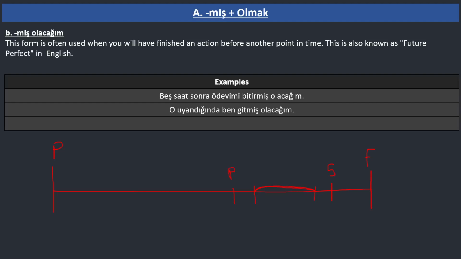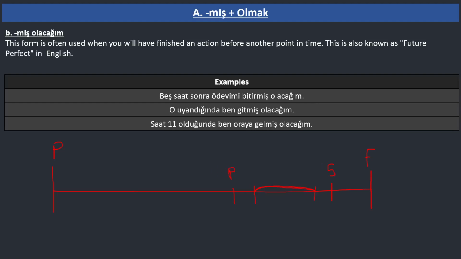It's pretty straightforward. For example, we could have some timestamps, but it's not that needed. But let's say something will happen at 11 p.m., but you will complete something before 10 p.m. So you will say, saat 11 olduğunda ben oraya gelmiş olacağım.